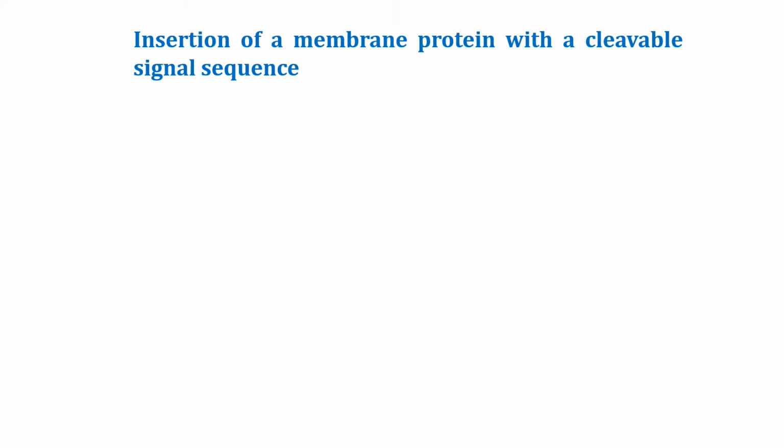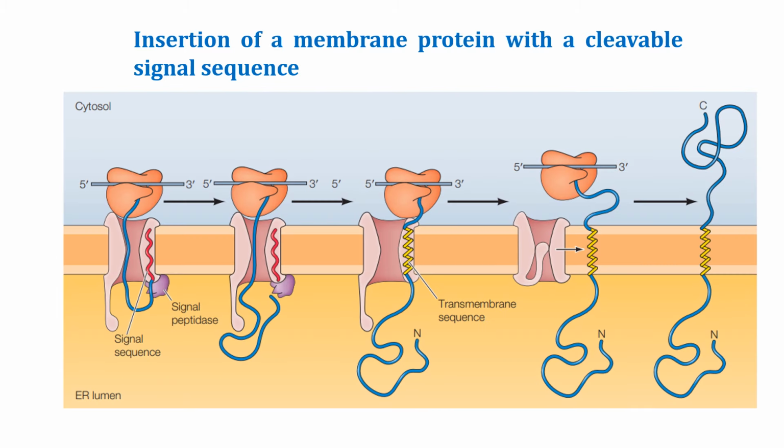So now the insertion of membrane protein with cleavable signal sequences. As discussed in my previous video, most proteins are inserted into the ER membrane by the SRP, signal recognition particle, and Sec61 in the cotranslational pathway. This video link is also given in the description box.